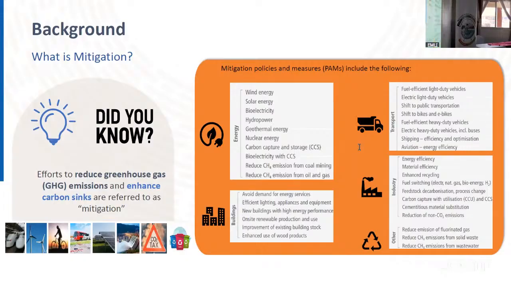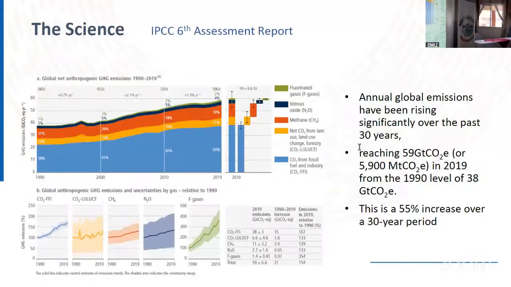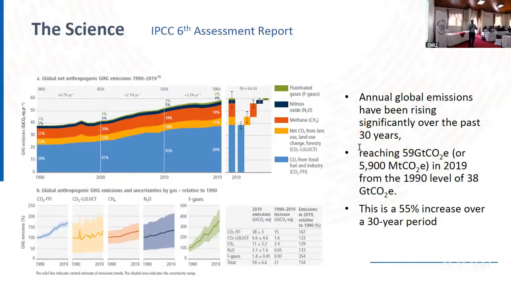So, a little bit of the science, where all this is coming from, right? At the global level, over the past 30 years, it has been reported that emissions reached about 59 gigatons of carbon dioxide equivalent in 2019, versus about 38 gigatons thirty years earlier.